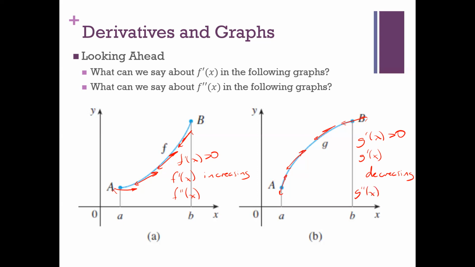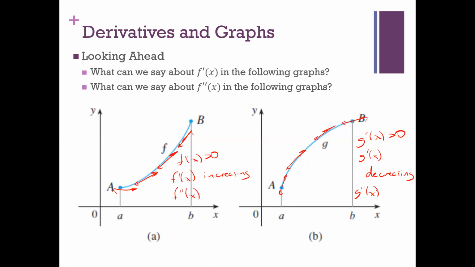Let's talk about instantaneous rate of change. And let's be more specific about what the rate of change is. f prime tells you the rate of change of what function? Of f, right? So f double prime tells you the rate of change of what function?